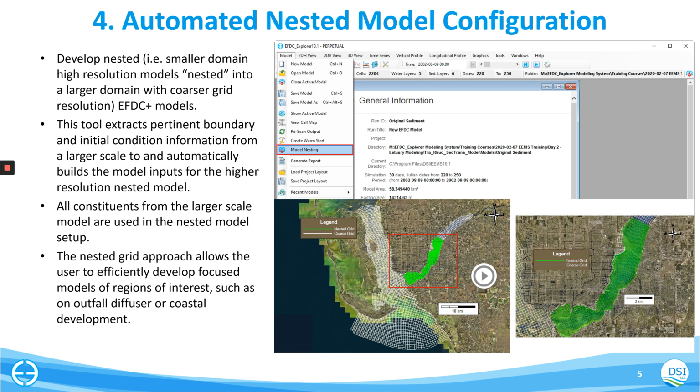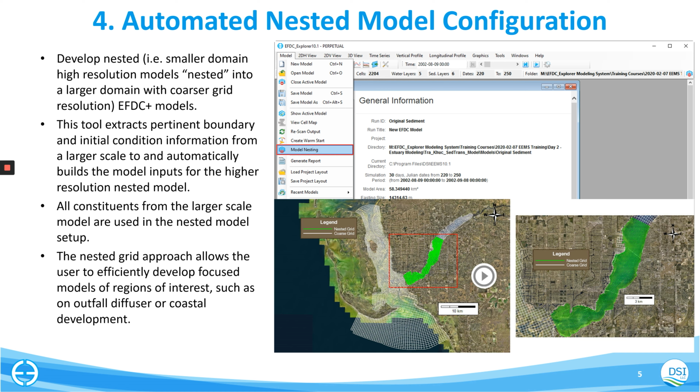Nested configuration. This is a decoupled one-way nesting process where we now have the ability to automatically extract information from, say, a larger scale, coarser grid model to build the appropriate boundary conditions for a nearer field, higher resolution model.